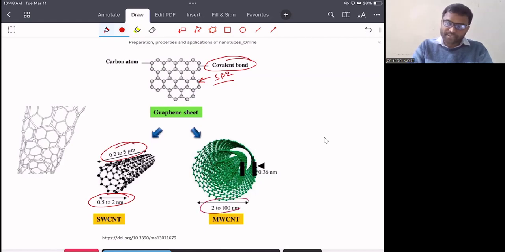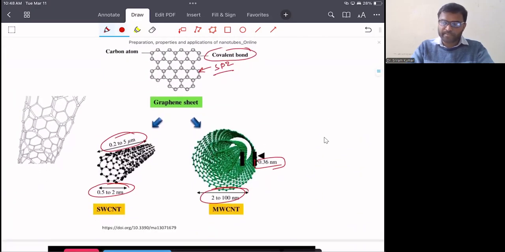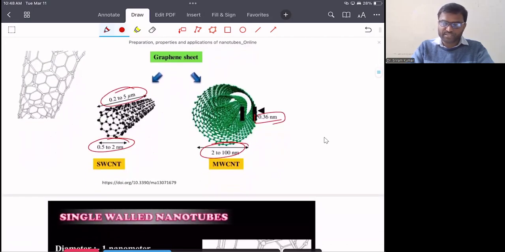However, in the multi-wall CNT, the diameter is from 2 to 100 nanometer. The important thing here is that in multi-wall CNT we have many concentric cylindrical structures. The distance from one layer to another layer of the cylinder is 0.36 nanometer, or 3.6 angstrom. That is the interlayer distance between the CNT layers in the multi-wall CNT.